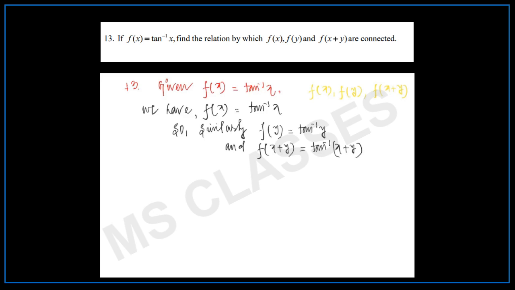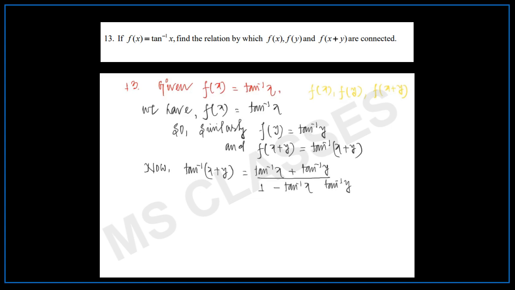Now we have got f of x, f of y, f of x plus y. Now what is the relation we have? tan inverse of x plus y equal to tan inverse of x plus tan inverse of y by 1 minus tan inverse of x tan inverse of y.